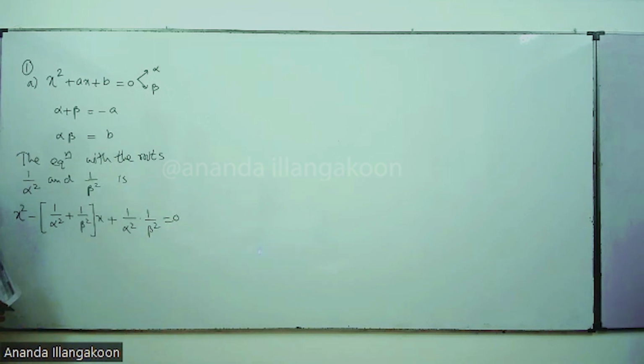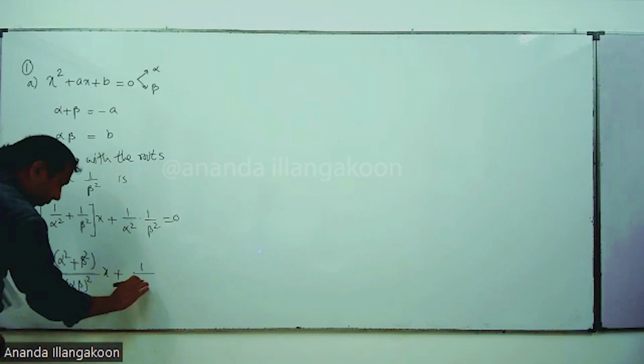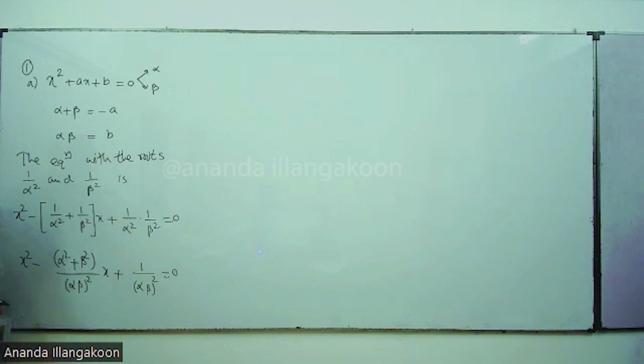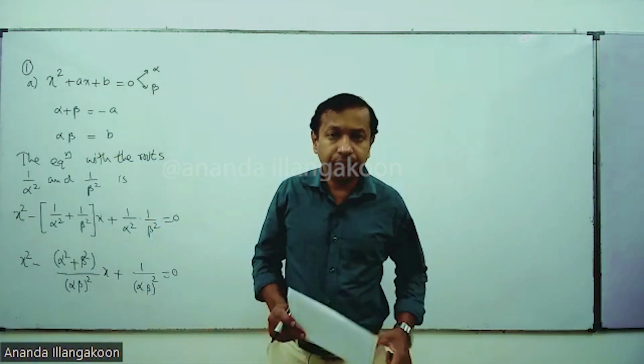Okay. Here you can take the product of these two as a common denominator. So beta squared comes in here, alpha squared comes in here. That is nothing but alpha squared plus beta squared. This product alpha squared beta squared is really (alpha beta) whole squared, into x, plus 1 upon (alpha beta) whole squared equals 0. Now here this alpha squared plus beta squared, you can write as (alpha plus beta) whole squared minus 2 alpha beta.